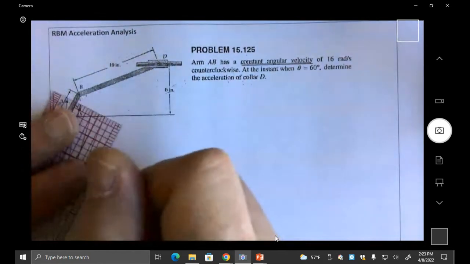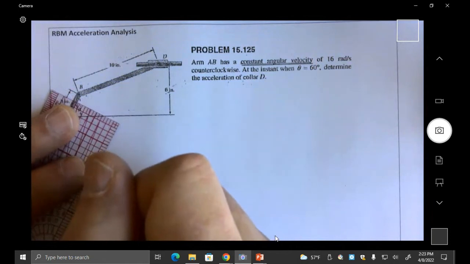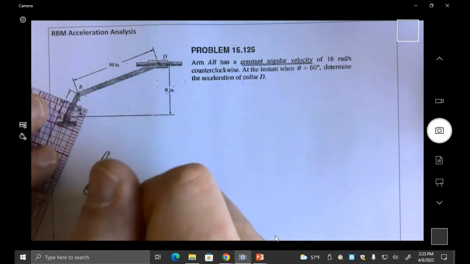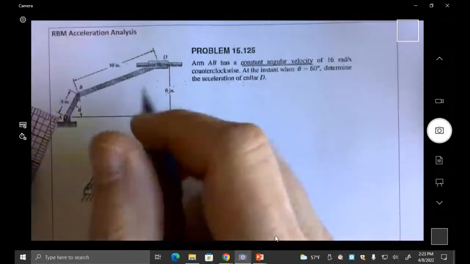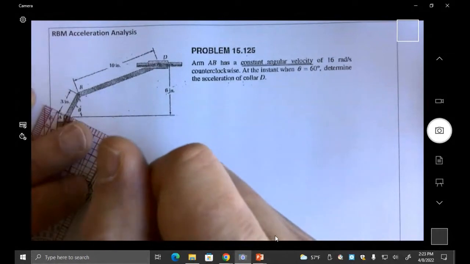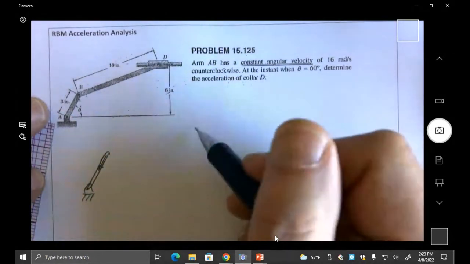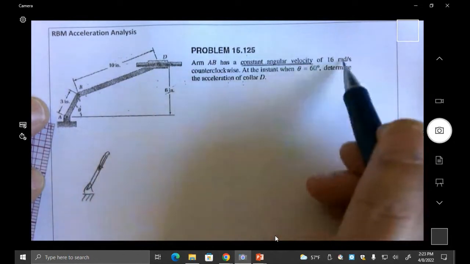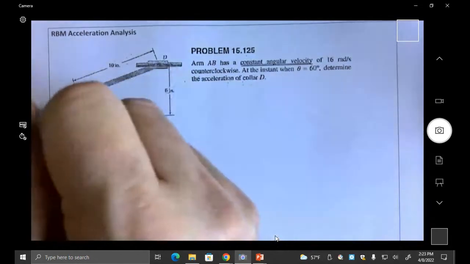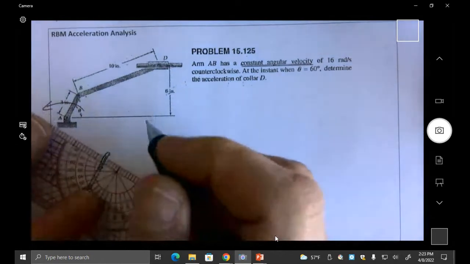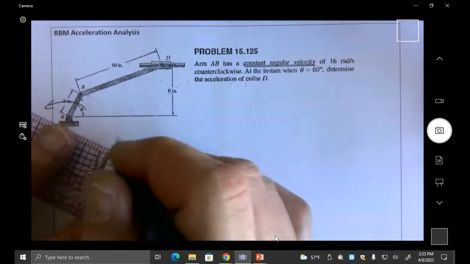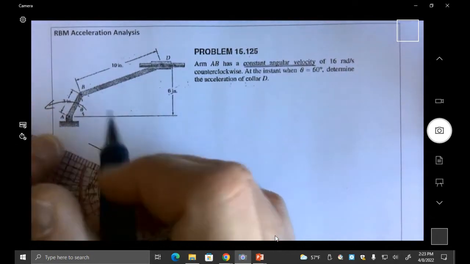We'll start out with this guy. And so it's acceleration. Well, actually, we need velocity. They didn't do a velocity analysis for us. So counterclockwise, going that way.